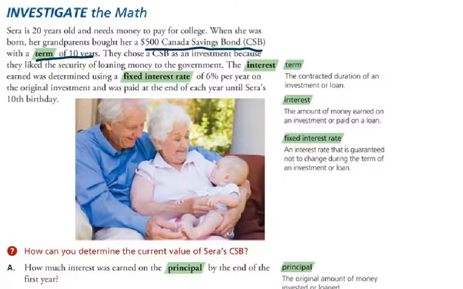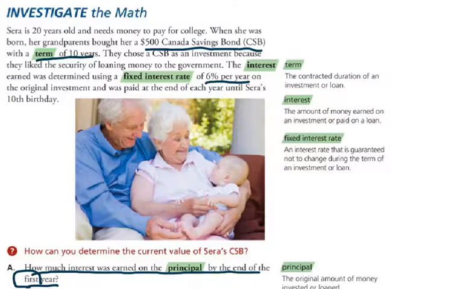The interest was determined at 6% per year and was paid at the end of each year. So, question I'm asking is, how much interest was earned just by the end of the first year? So not over the total length of the investment, but just over 1 year.